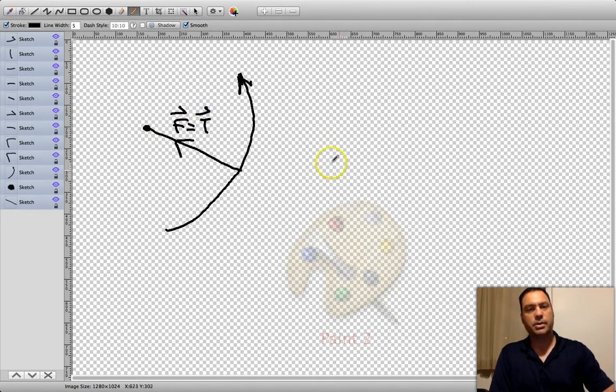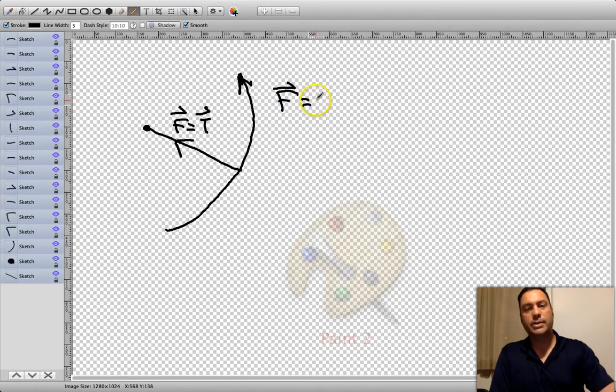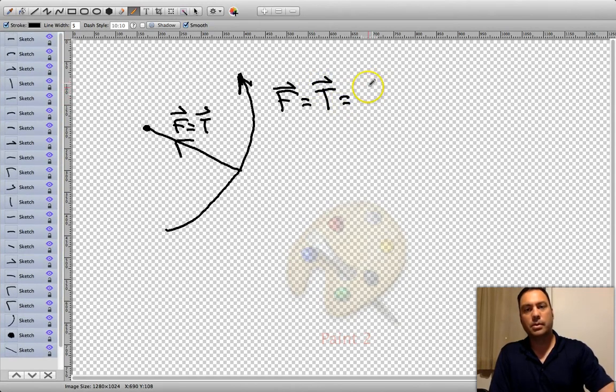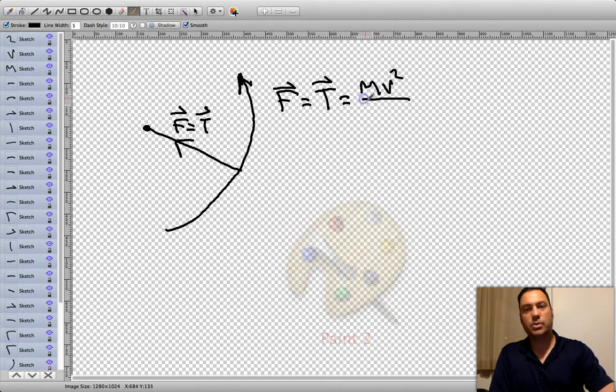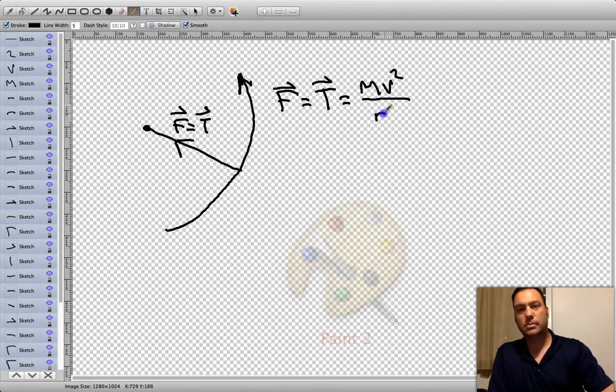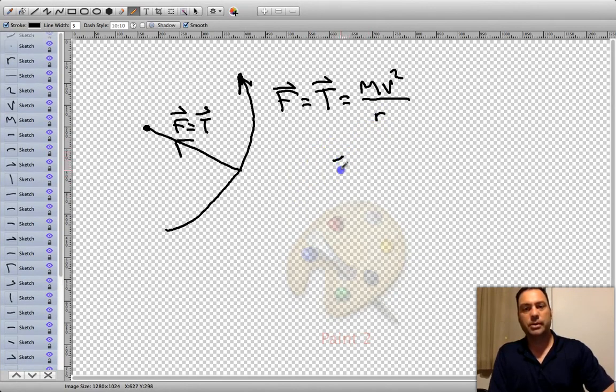Tension, of course, is also a force, right? So F, this is just our rotational force, our centripetal force equation, which is equal to tension, equals mass velocity squared over R. So now it's just a plug and chug, right?